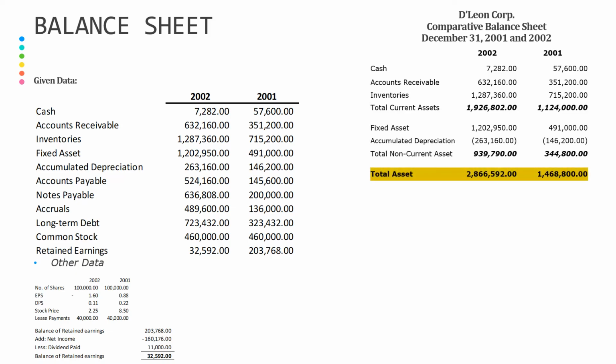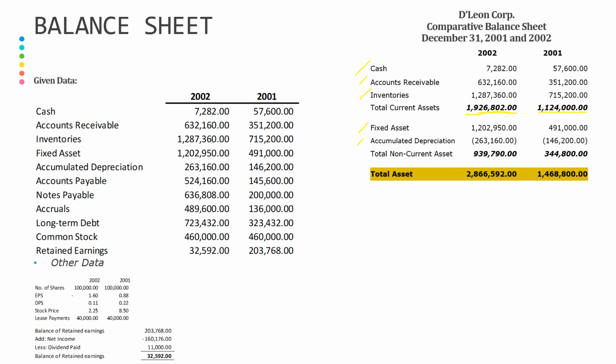First off, we will be computing for the total asset. Here we have cash, accounts receivable, and the inventories. So we have a total current asset for 2002 of 1,926,802, and for 2001 we have 1,124,000. Now for the non-current asset, we have here again the fixed asset and the accumulated depreciation.